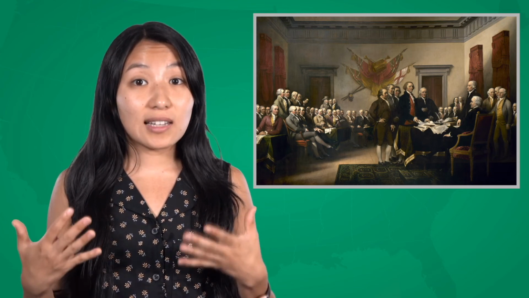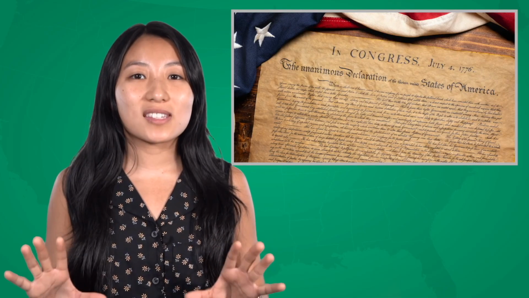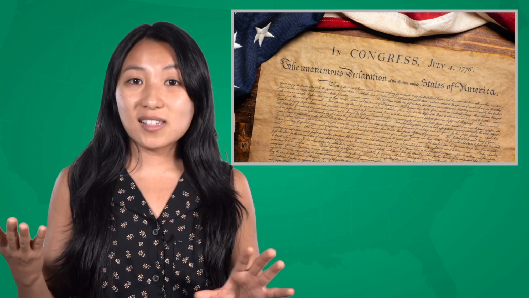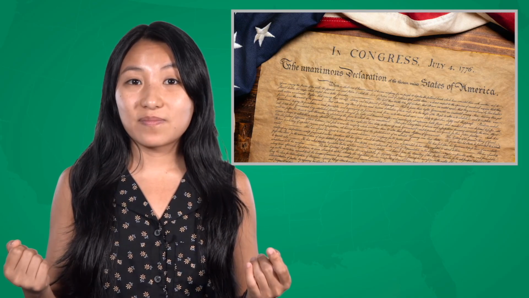Today, we learned that as independence became more supported by the American people in 1776, Congress felt they had enough backing to declare independence. And they did, drafting a beautifully written statement that included rights and grievances.